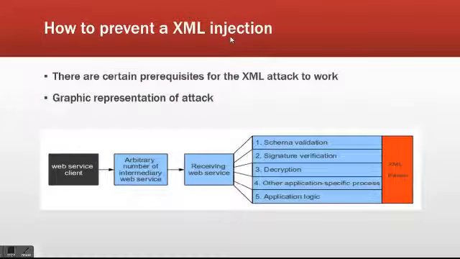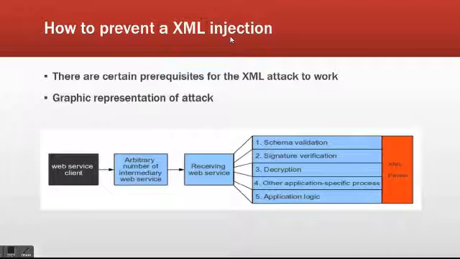Now, there are some ways to prevent this. However, you need to make sure that, as far as the attacker is concerned, in order for it to work, they're going to have knowledge of the endpoint of the web service.